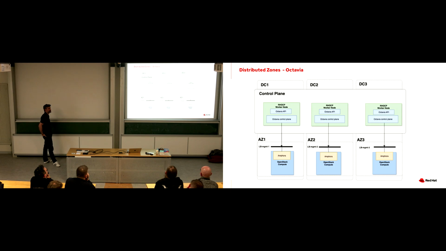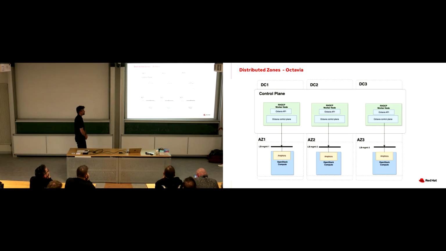So inside distributed zone, you see that we have segregated Amphora by zone. We have a network LB management by AZ, and we have our control plane managing the dedicated Amphora inside the AZ.